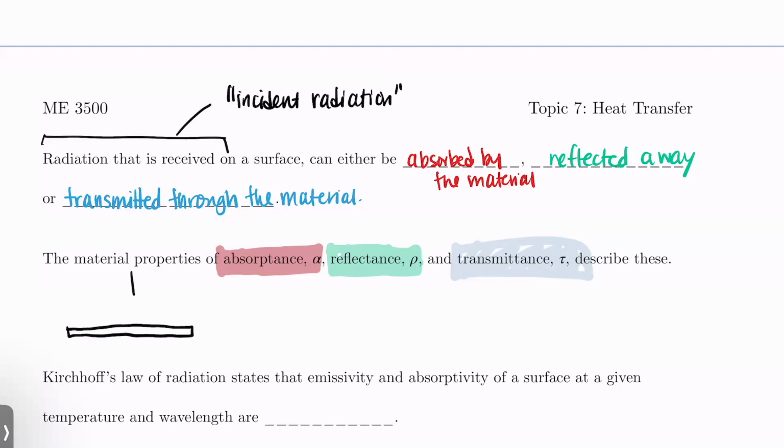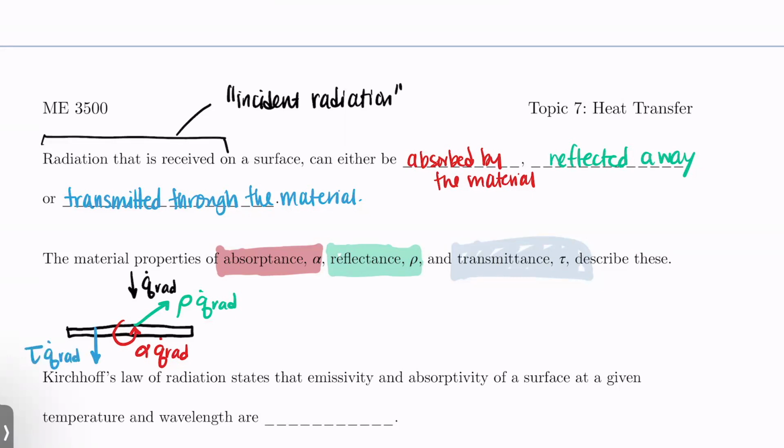If we have incoming radiation, Q dot radiation, we have either absorption, which is alpha times Q dot rad, reflection, which is rho times Q dot rad, or transmission, which is tau times Q dot rad.